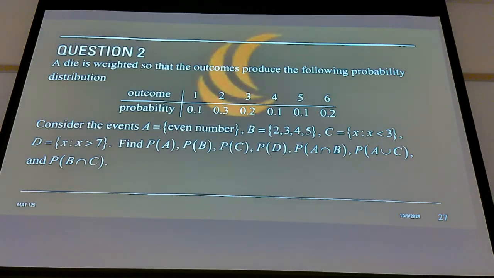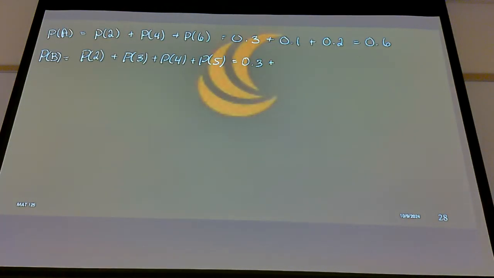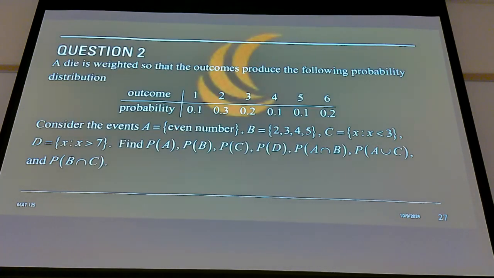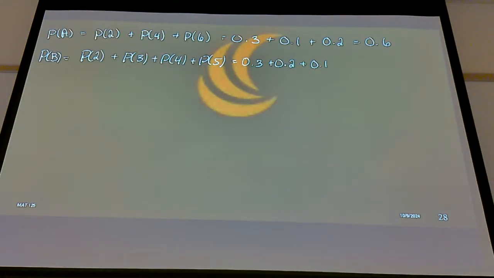What's the probability of rolling a 3? 0.2. And we know 0.4. What is the probability of rolling a 5? 0.1. Sum them up. So 0.7 is that probability.